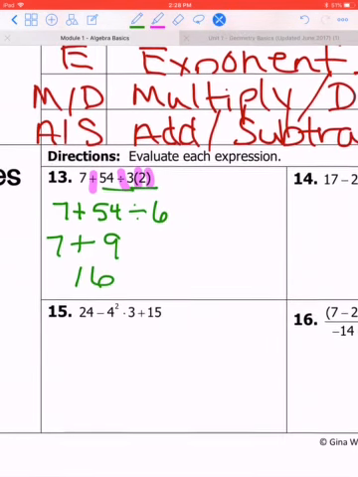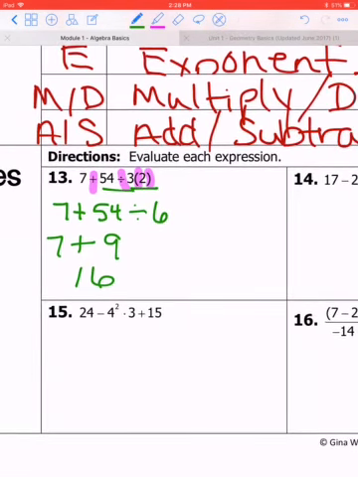Let's look at number 15. So we do not have any parentheses, but I do have an exponent, so I need to start right there. So I'm going to rewrite everything except the part that I'm changing. So I have 24 minus 4 to the exponent of 2. That means I'm going to do 4 times 4, which is 16. Then I have a multiplication and then addition.